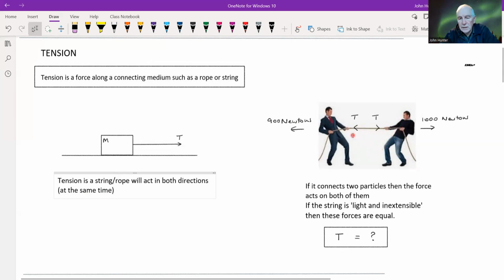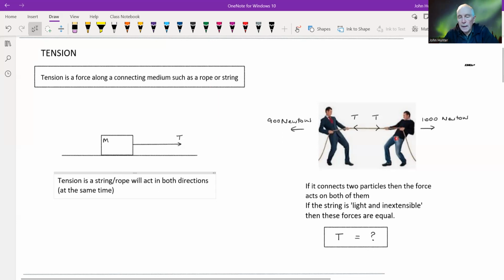So in actual fact, there's a force pulling this guy on the left to the right, and there's a force pulling the right-hand guy to the left. So that's the interesting thing with tension, it applies in a string or rope in both directions at the same time.